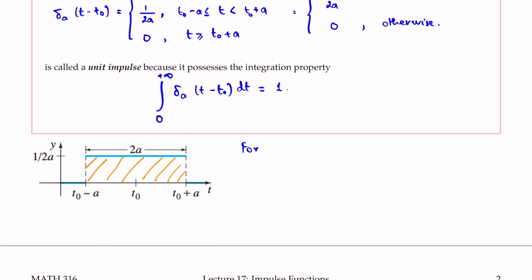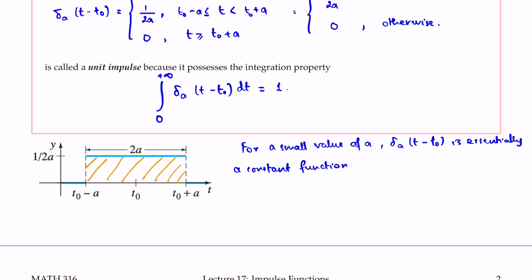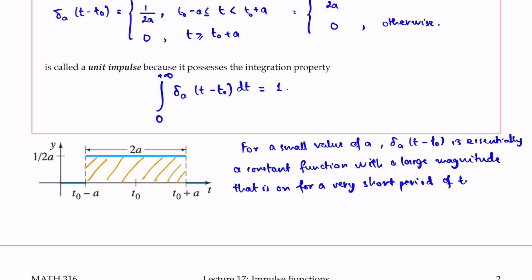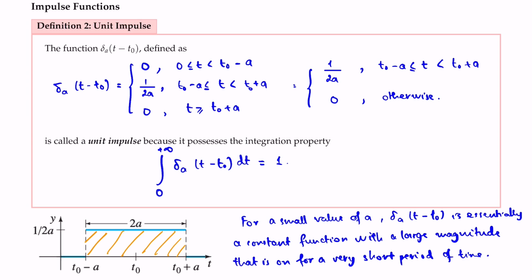So for a small value of a, delta sub a of t minus t0 is essentially a constant function with a large magnitude that is on for a very short period of time. Right, so that's the setup for the impulse function.